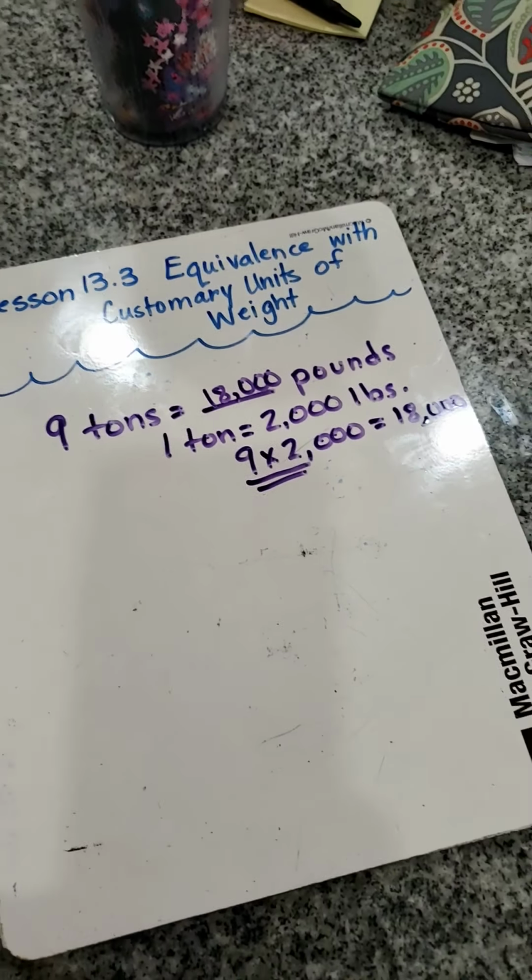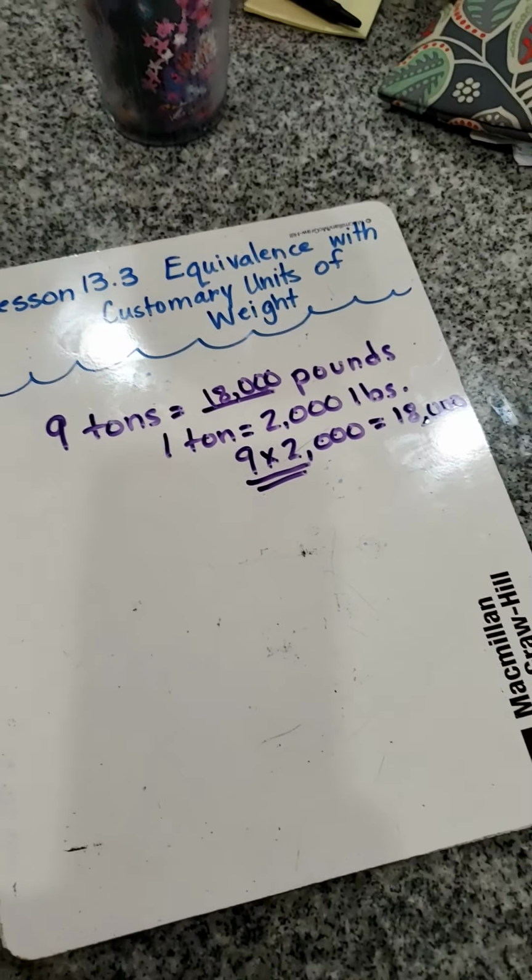Start with the ones. 6 times 7 is 42. Put down the 2, carry the 4. 6 times 1 is 6, plus 4 is 10. Now because we're moving over to the tens place, we put our place saver. And then tens. 1 times 7 is 7. 1 times 1 is 1.